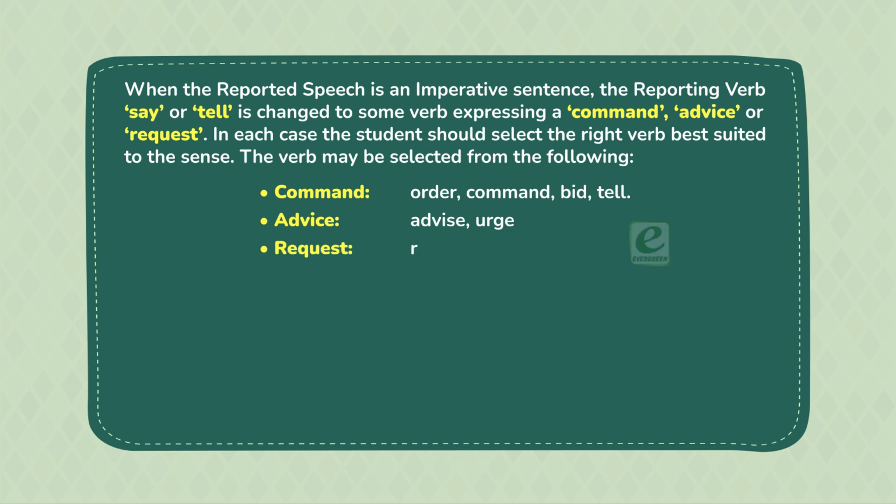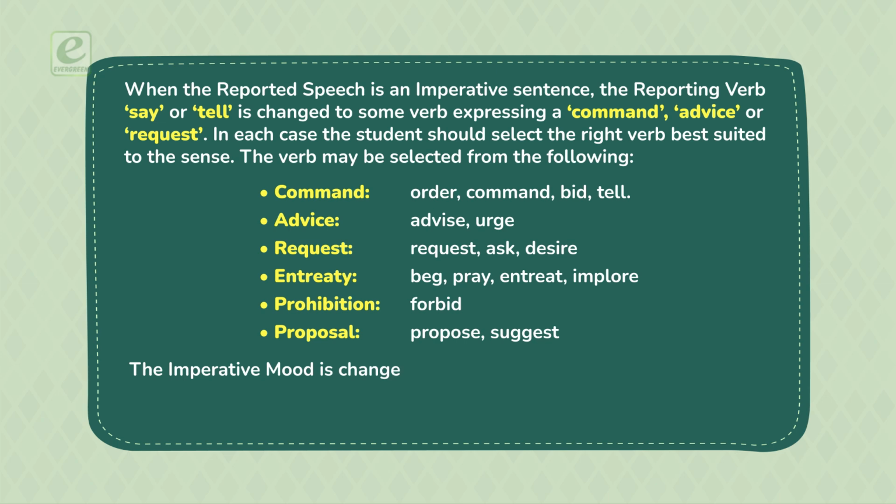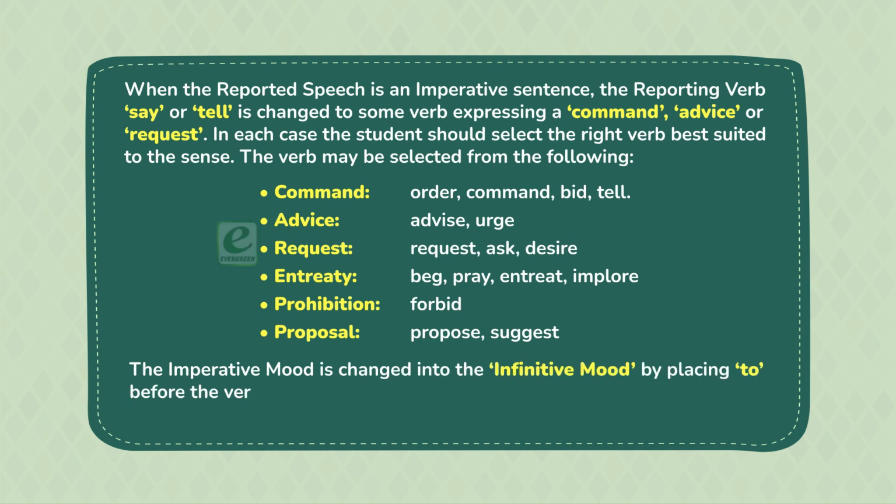Request: request, ask, desire. Entreaty: beg, pray, entreat, implore. Prohibition: forbid. Proposal: propose, suggest. The imperative mood is changed into the infinitive mood by placing to before the verb. The rules for the change of pronouns are to be observed.